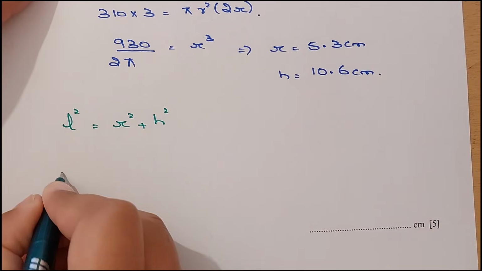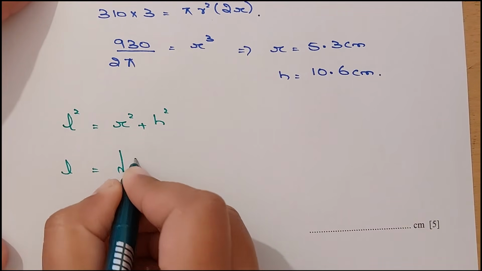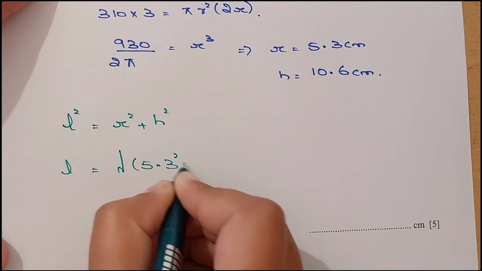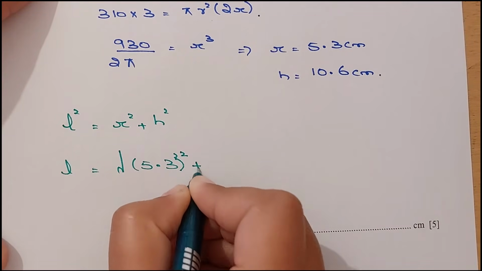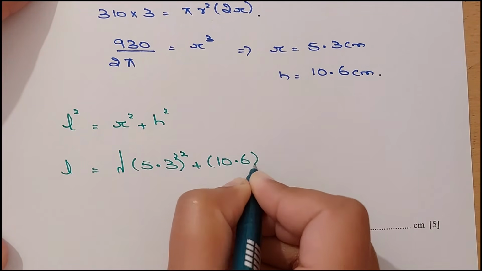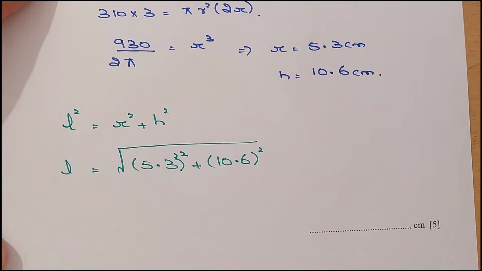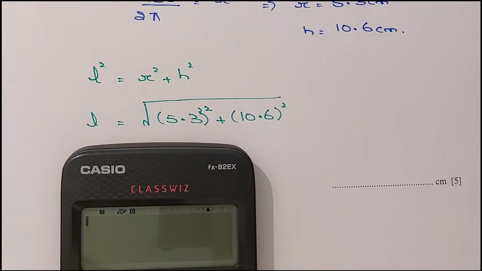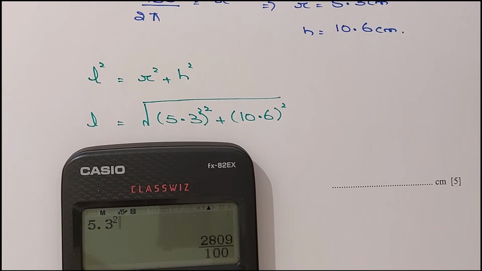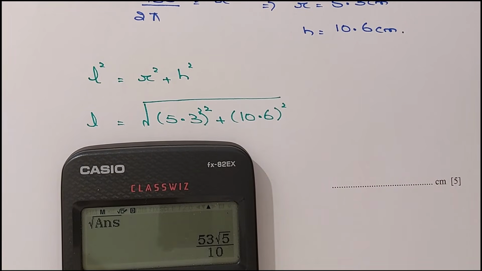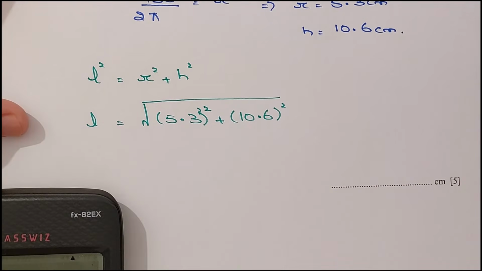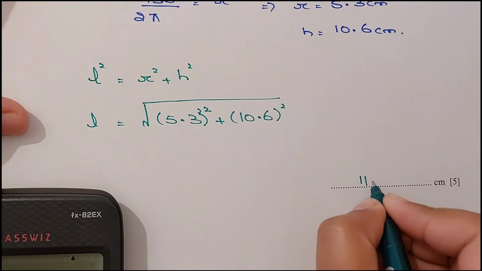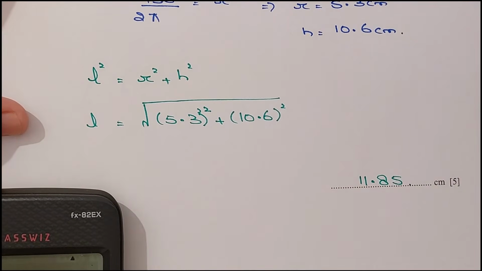To solve for the slant height L, we do the square root of the radius squared, that is 5.3 squared, plus the height squared, 10.6 squared. So just simplify. 5.3 squared plus 10.6 squared, and the square root of the answer is 11.85 centimeters. 11.85 centimeters is the slant height of the cone.